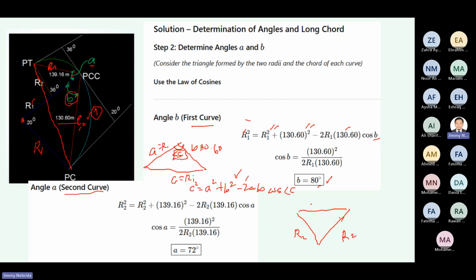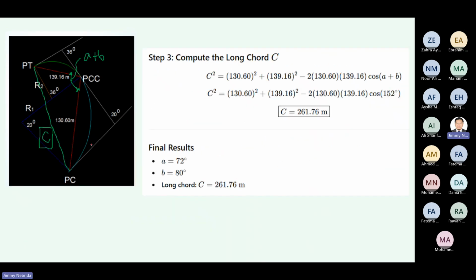This is the chord which is 139.16, and this is A. So we can use this formula: R2 squared plus R2 squared plus 139.16 squared, minus 2 times this one and this one, then cosine of A. Therefore, we can calculate A. Do you follow, class? Yes, sir.